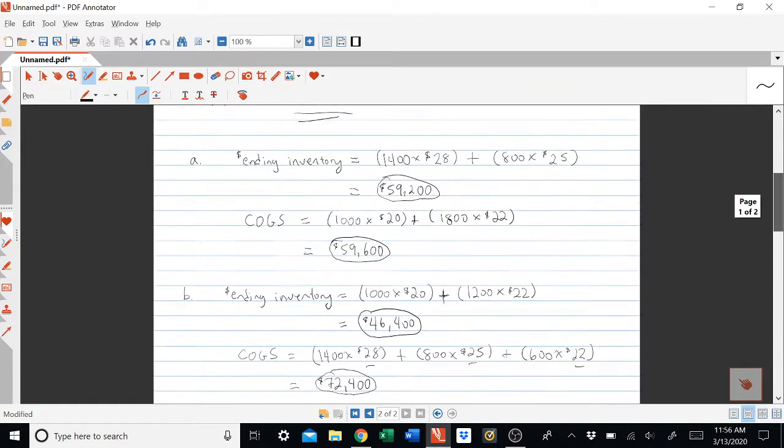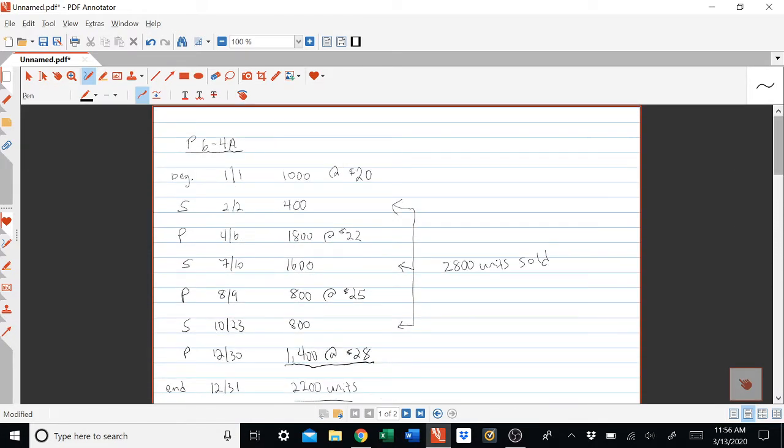Next, we calculate. Now keep in mind, we've grabbed 400 units from beginning inventory, and there's 600 that we assume haven't been sold yet. The next sale on July 10th, these 1,600 units, what's the cost of those goods that were sold? Again, we're assuming LIFO from the standpoint of July 10th. So last in were the first to leave.